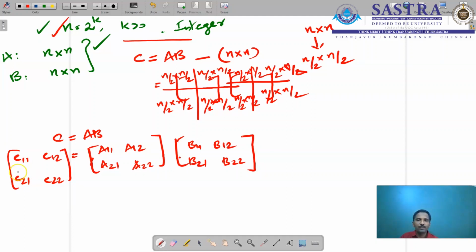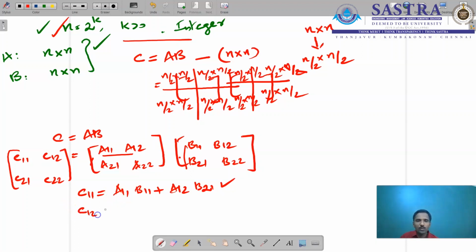So clearly C11 is first row, first column, multiplying the elements A11 into B11 plus A12 into B21.